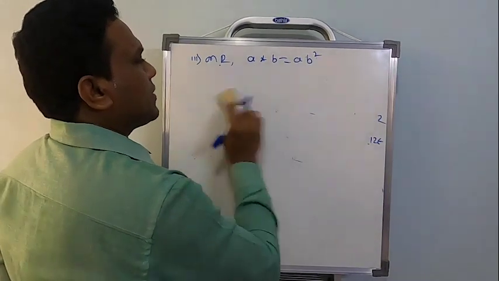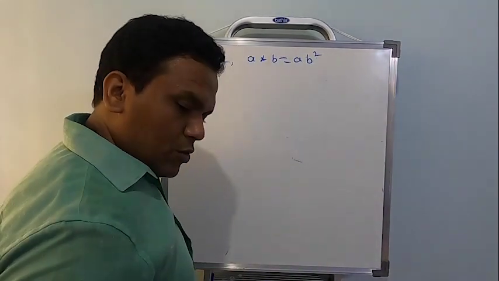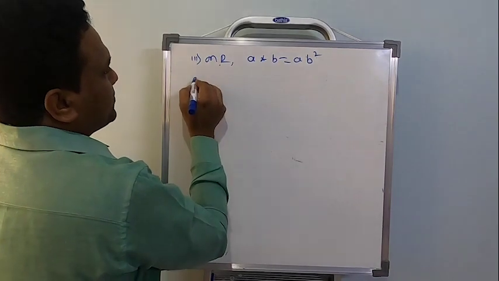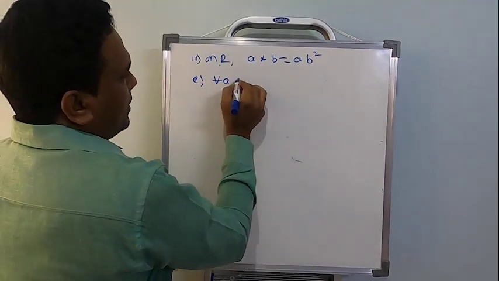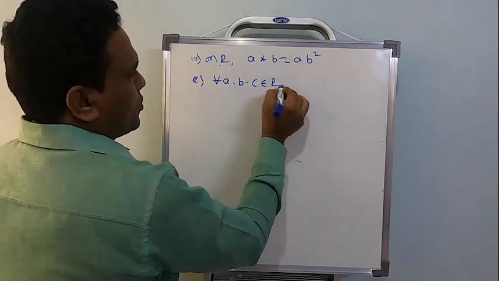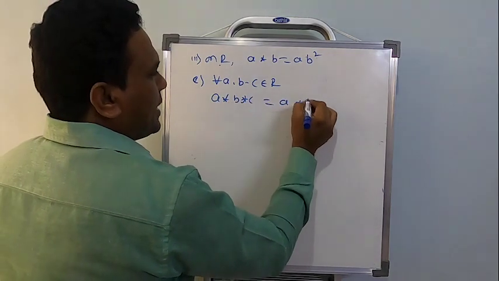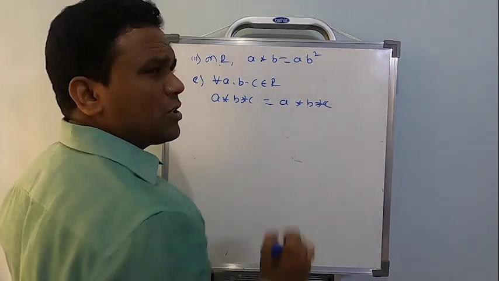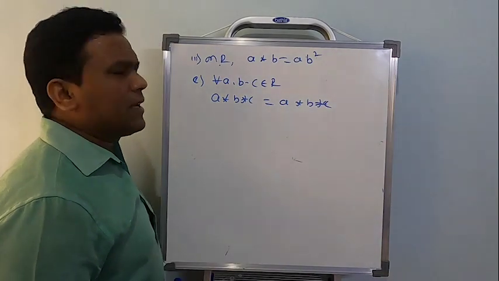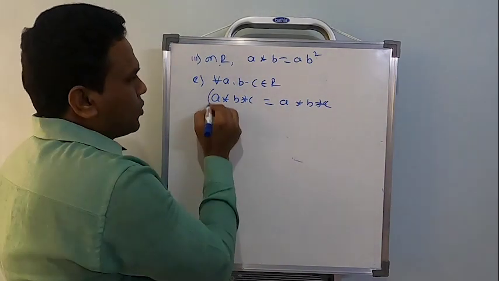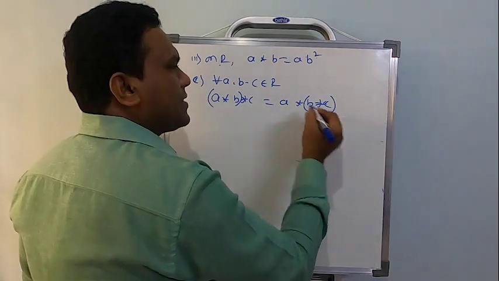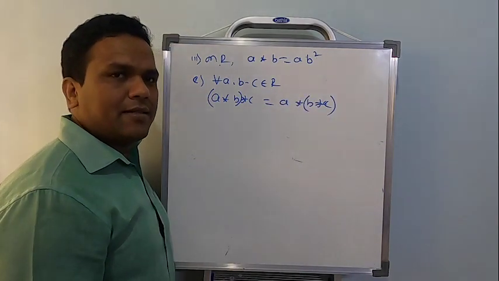So let us check for associative. The associative property says for all a, b, c belongs to R, (a star b) star c equals a star (b star c). You put the brackets later on. First you write down a star b star c on both sides. If you are associating a star b on the left side, associate b star c on the right side.